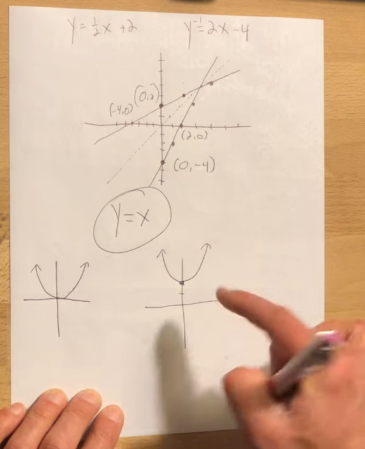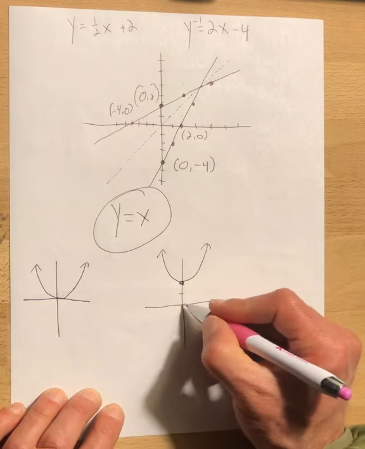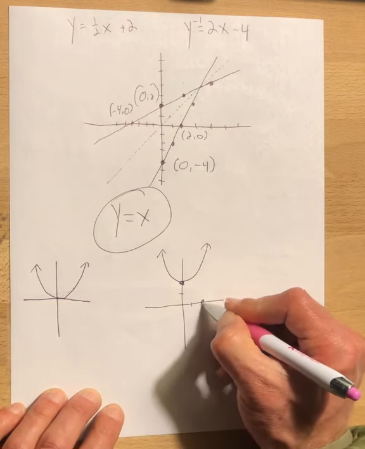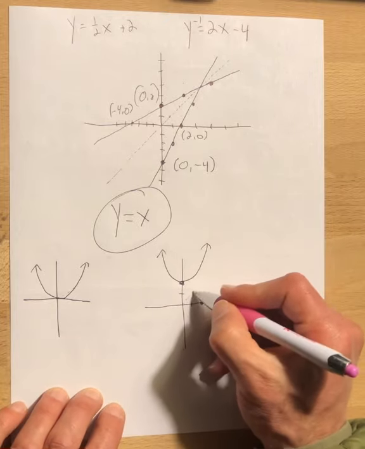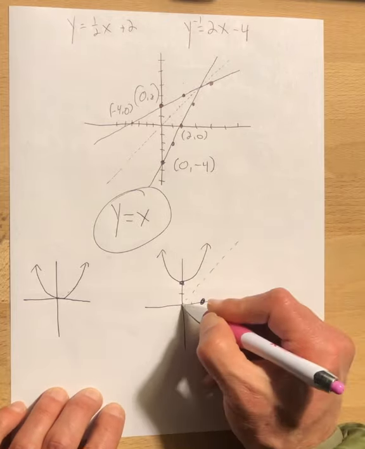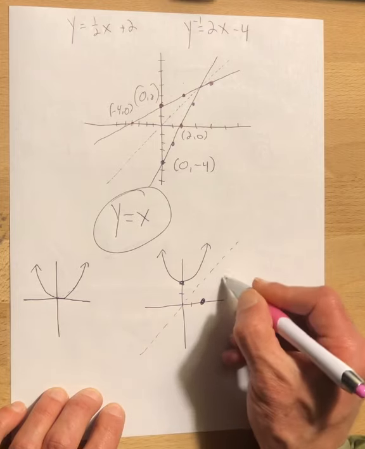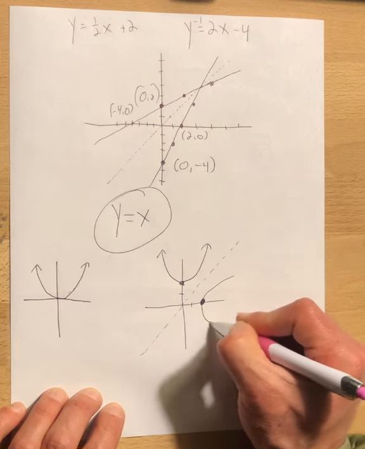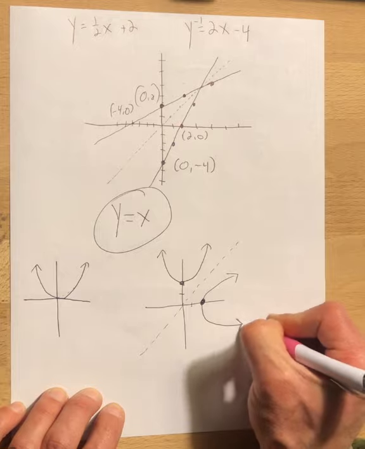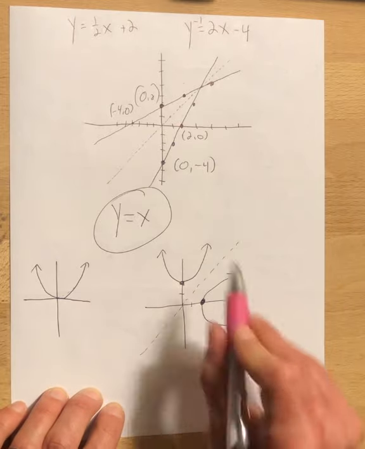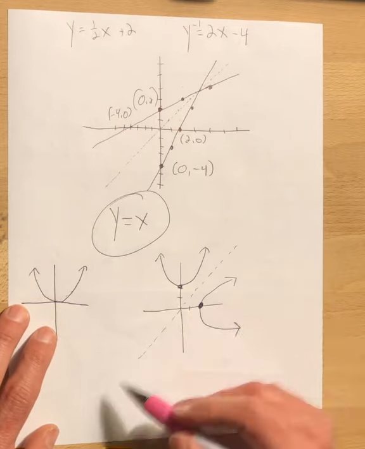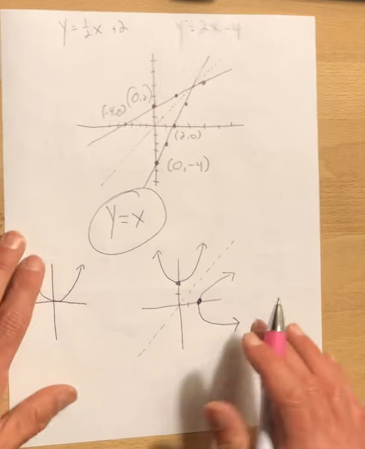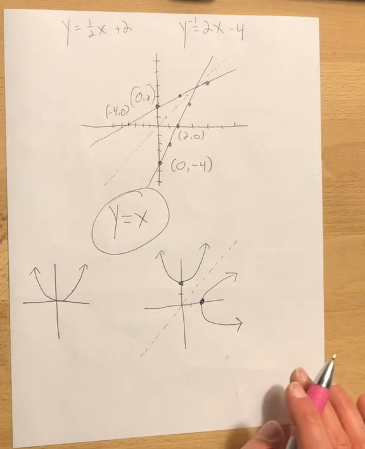So the inverse of this coordinate would be 2, comma 0 right here. And if I were to take it and reflect it over the y equals x line, it would look something like this. Inverses are just flips on the graph. That's all they are. Over the y equals x line, whatever the graph is, it's just a flip.